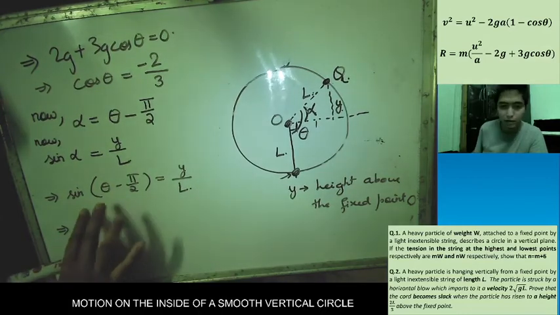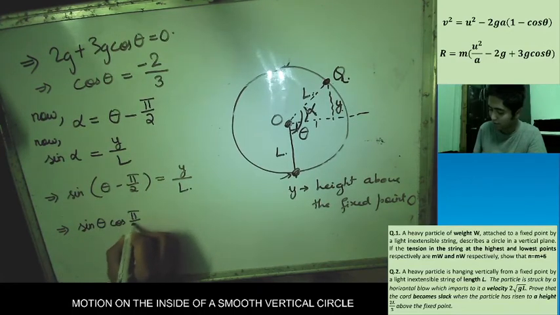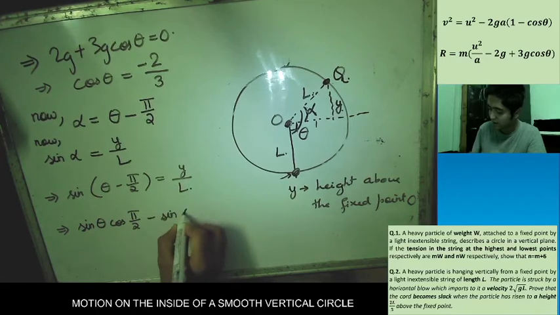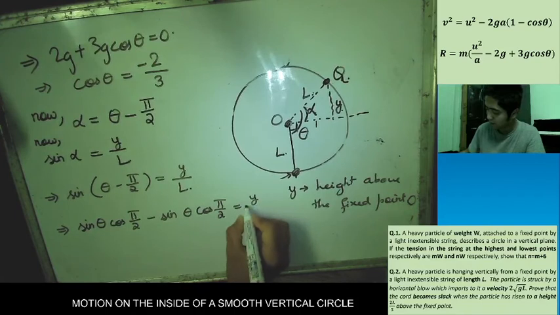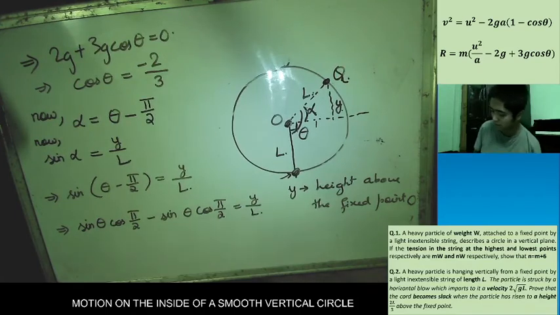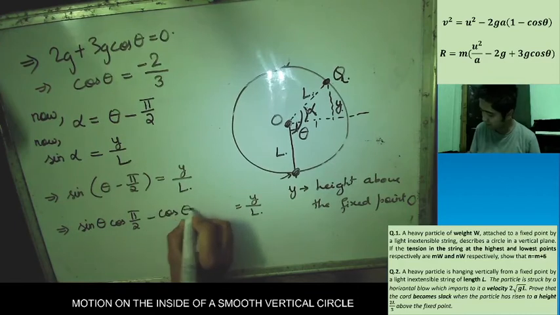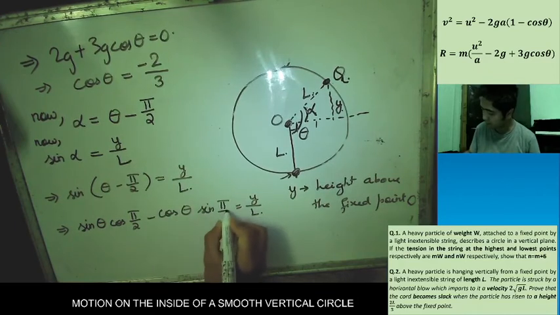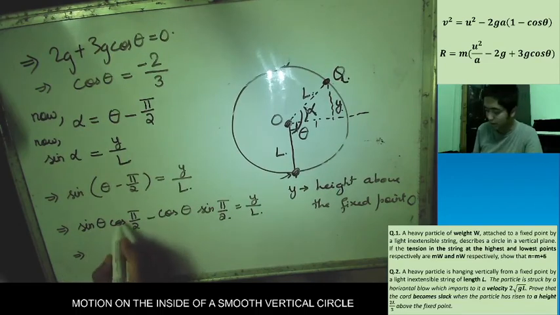We can use the formula over here: sine of A minus B will give you sine theta cos pi by 2 minus cos theta sine pi by 2. So sine theta cos pi by 2 will give you 0.